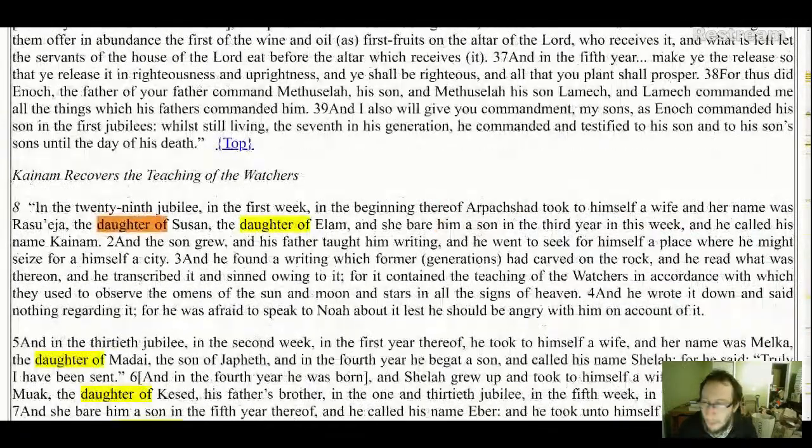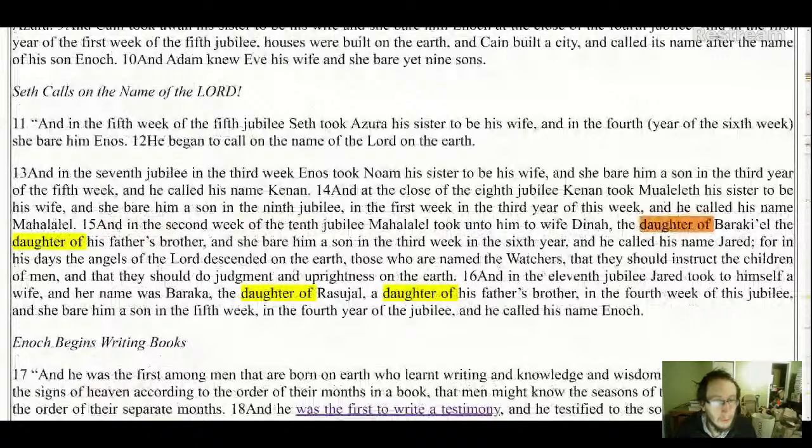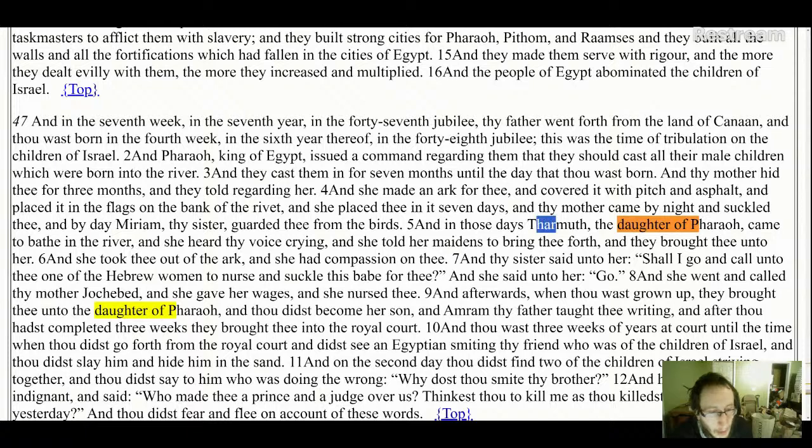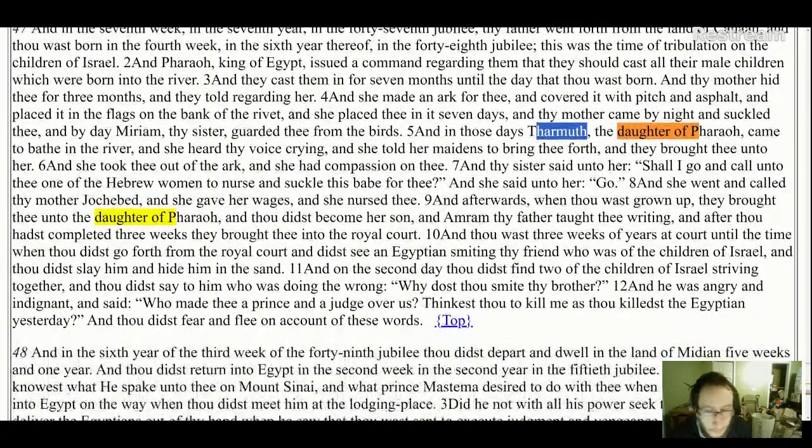Daughter of Pharaoh. Let's see. Right here: "In those days, Tharmuth, the daughter of Pharaoh." What did Josephus say it was? Tharmuthis. This is a Greek ending, so Josephus was writing in Greek.